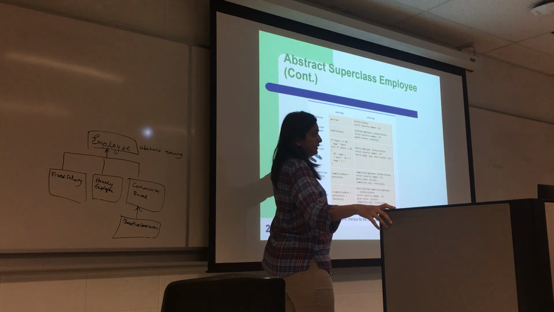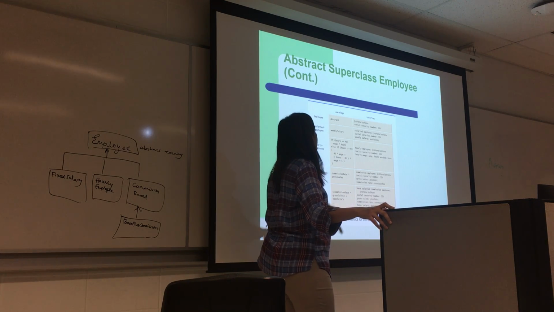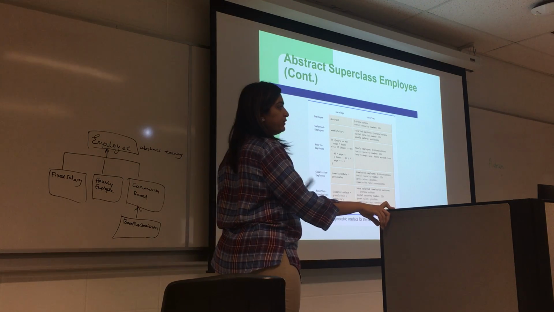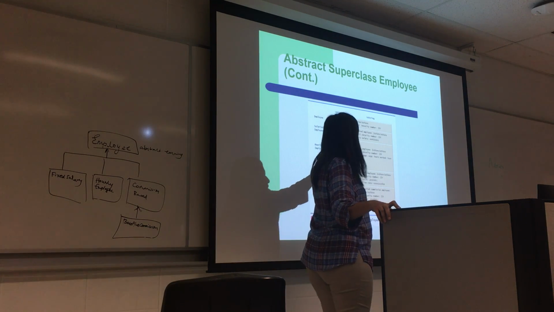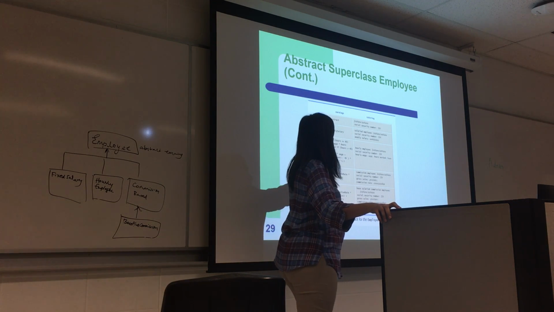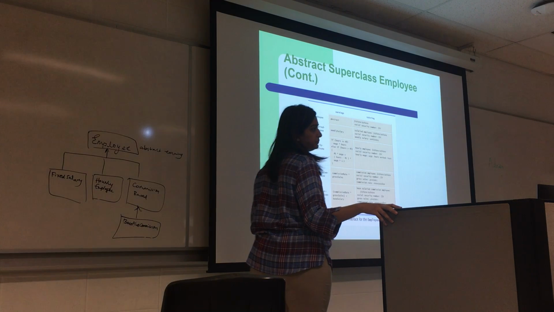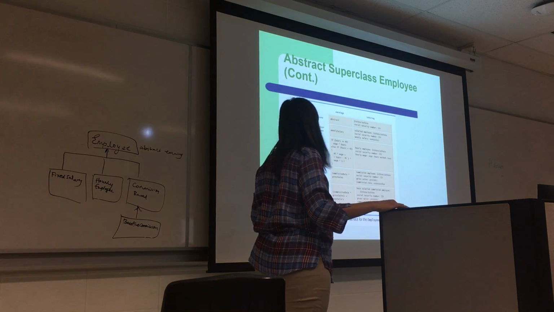If it's an hourly employee, your earnings method logic should be something similar. If hours is less than or equal to 40, then the earnings will be wage times hours. Otherwise, if hours is greater than 40, then 40 times wage plus hours minus 40 times wage times 1.5. So this is time and a half for overtime, right?